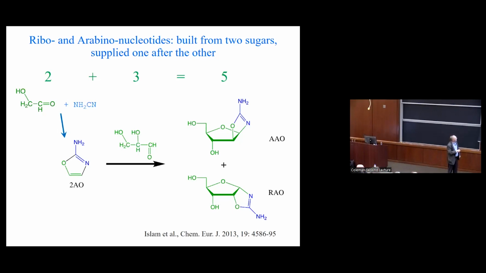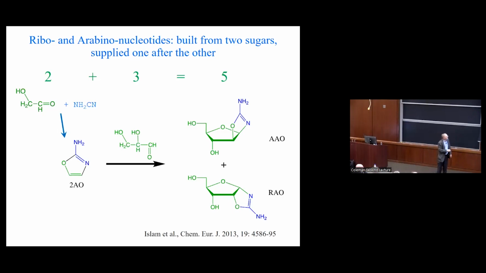It works pretty well. You make these intermediate structures, but you get these 2 stereoisomers in roughly equal amounts. This is the one that would go on to make the arabinonucleic acid. This is the one that would go on to make RNA. They both get made. So, what's to distinguish them?